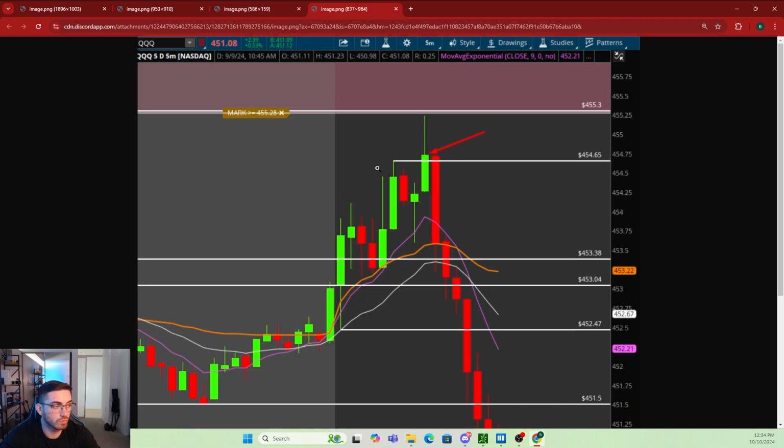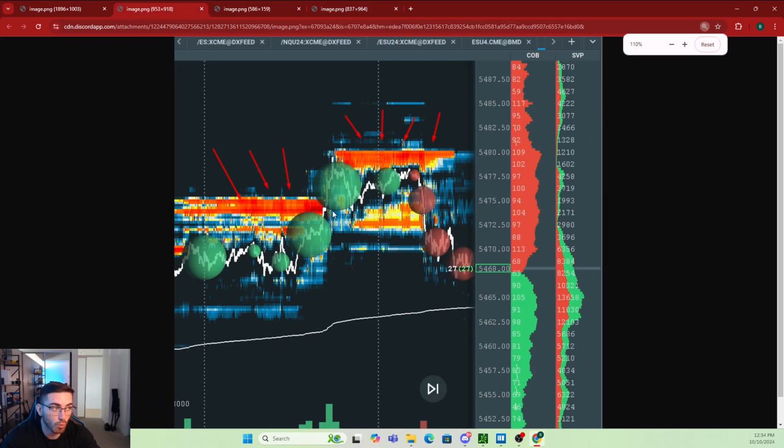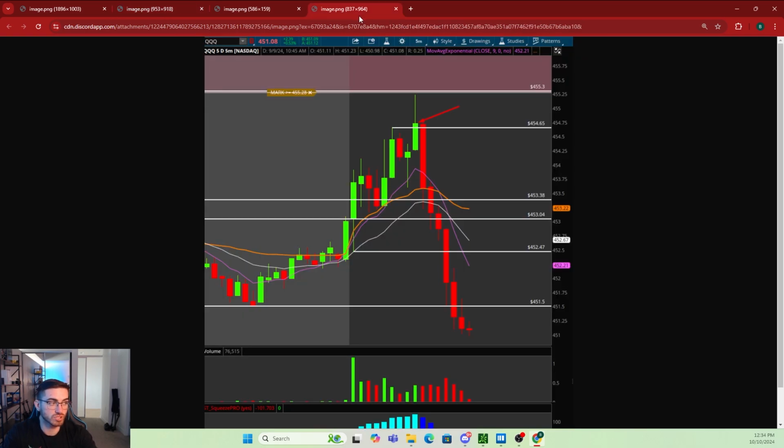So as QQQ started to trade up towards that supply zone at 455.3, I started to notice that there were very large sell orders on the ES futures while SPY was in supply and QQQ was entering supply. Now, the reason I went with QQQ is because it rejected at the very beginning of the zone. SPY was a little higher in the zone at that time, but you could have traded either, just really personal preference.